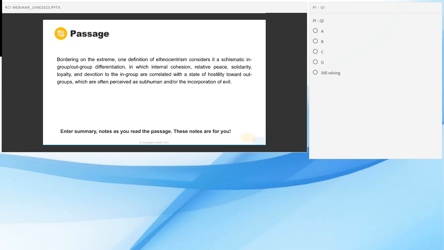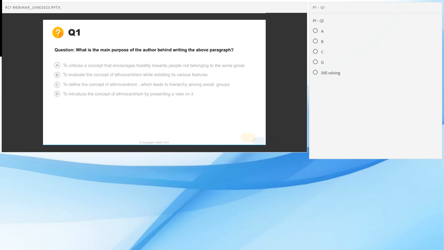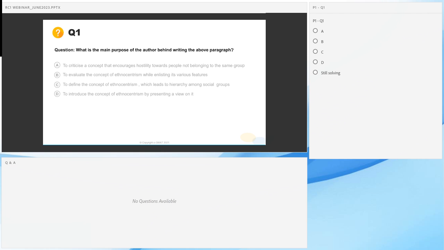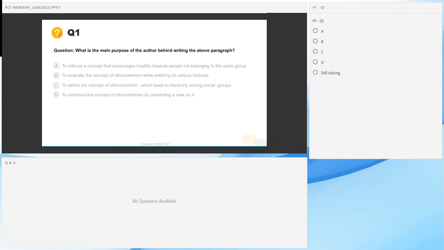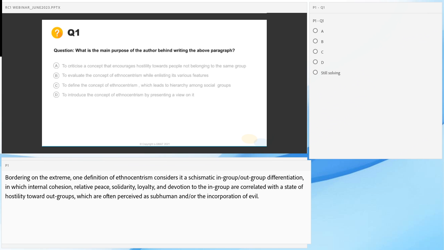So here's your poll question, and here are the options. You can choose one of 4 options. Here is the passage at the bottom as well. So if you want to refer to the passage again, you have that, although you shouldn't need to, but if you want it, you have it.